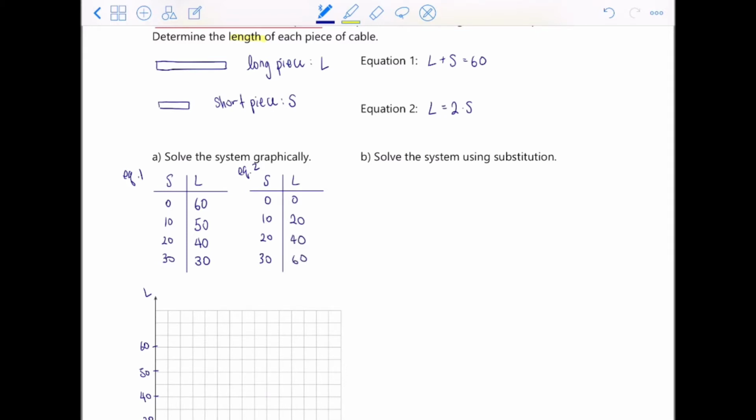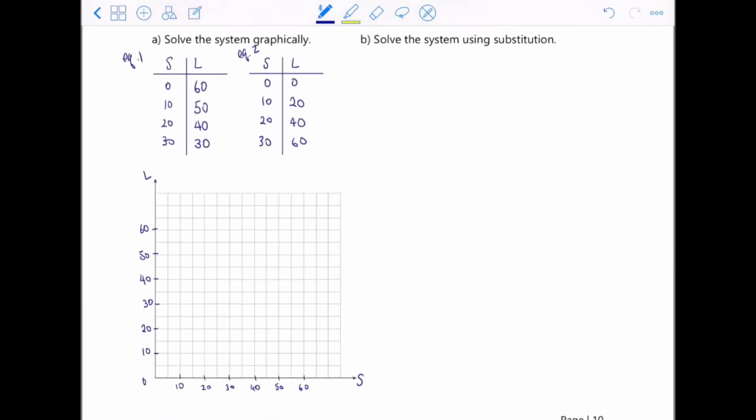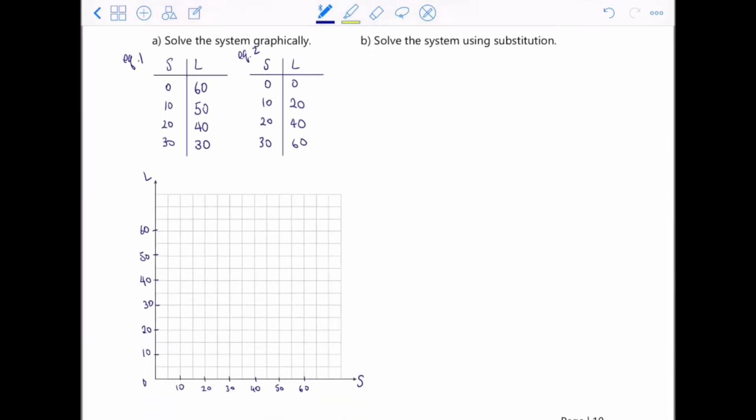All right, so let's try graphing it. I'm going to graph equation 1 in blue. We're starting at S is 0, L is 60 right here, 10 and 50, 20 and 40, 30 and 30. So let's connect those points now.